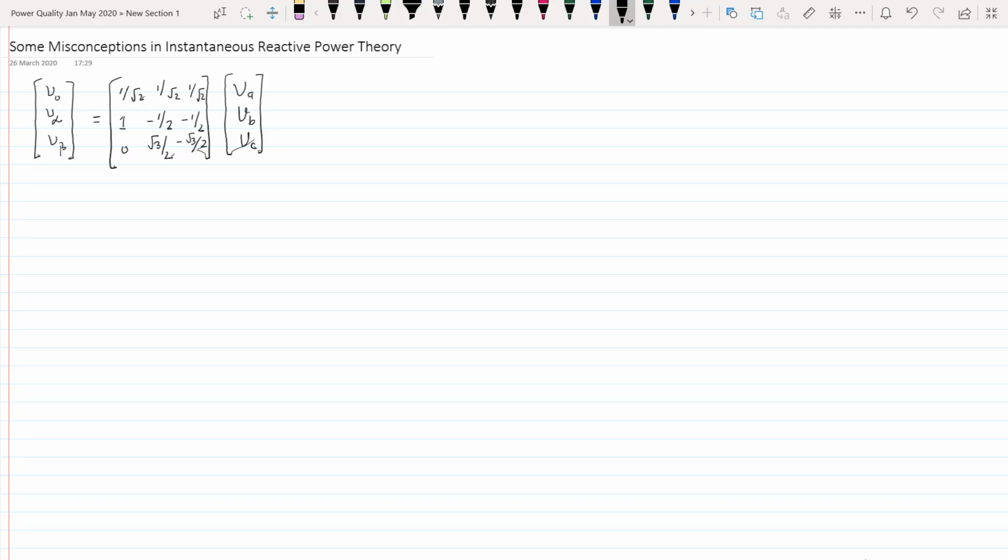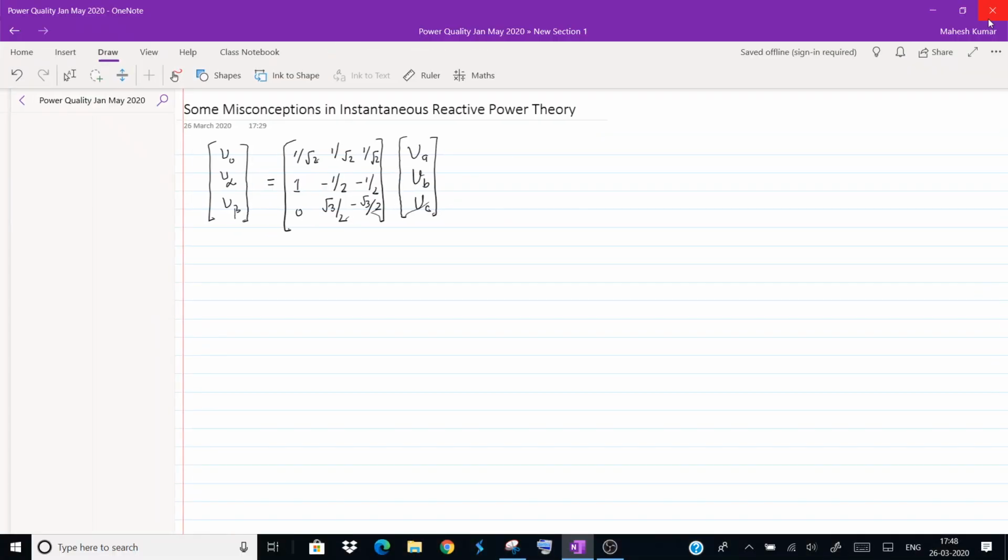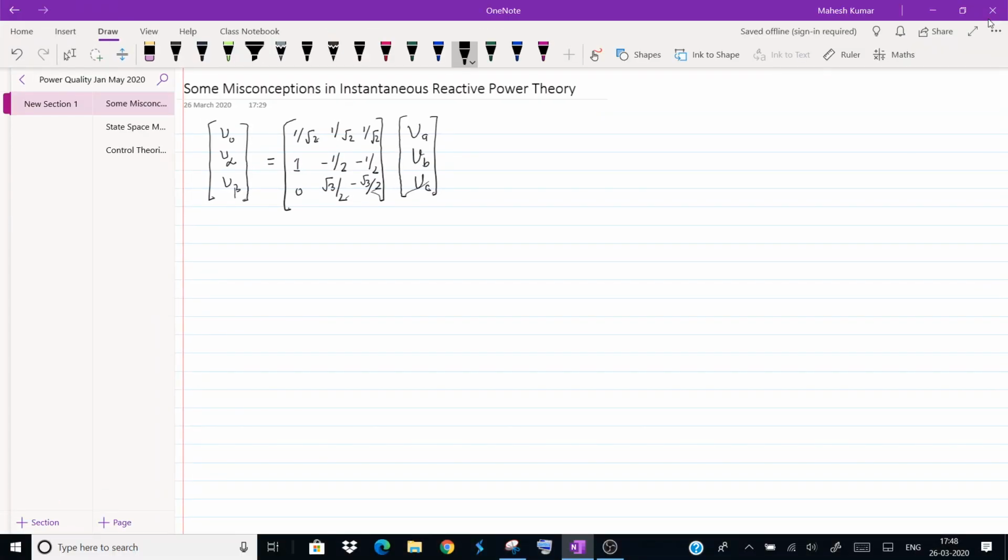Similarly, we can write for currents. In currents, you will use the I alpha, I beta, I0, and I alpha and I beta put in the same sequence rather than changing the sequence.